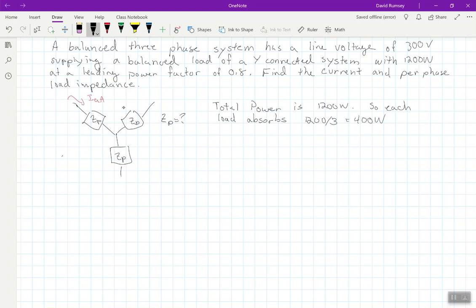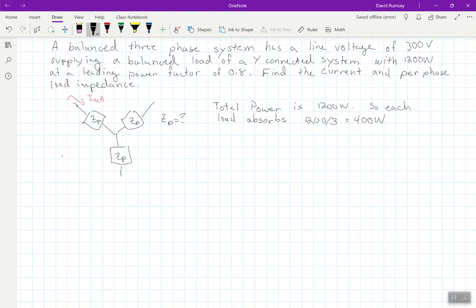Because when we say that the load here is 1200 watts, we're not talking about one load. When they say load, they're talking about the whole load. And then the per phase load impedance is again finding the ZP, but that means if we're doing 1200 watts total, each phase has 400 watts of power being delivered to it.